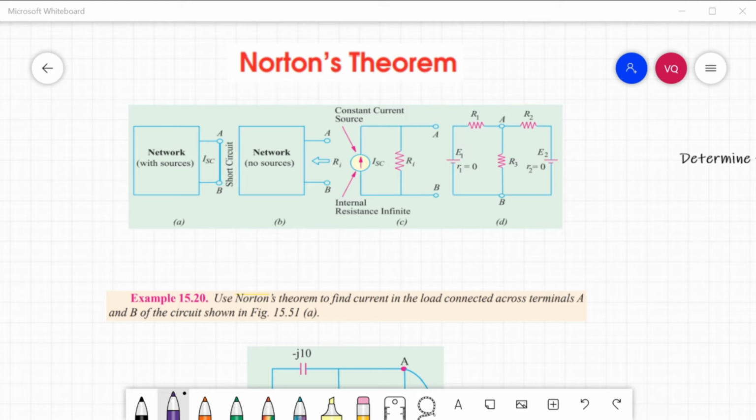The constant current is equal to the current which would flow in a short circuit placed across the terminals, and the parallel impedance is the impedance of the network when viewed from the open circuited terminals after voltage sources have been replaced by their internal impedances, and the current sources by infinite impedance. So we will take examples for Norton's theorem.